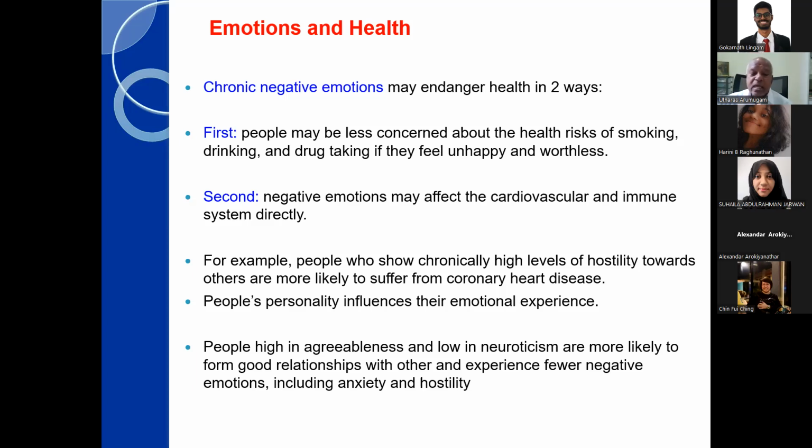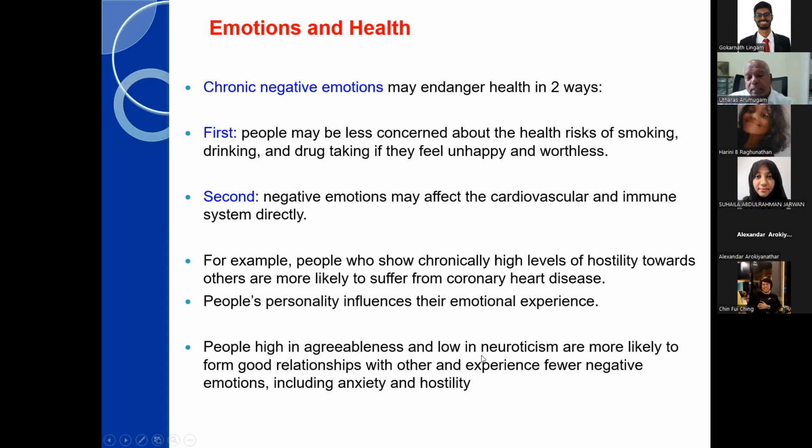What they're saying is people who are agreeable, that is people who are socially skilled, they get on with people, they're comfortable with other people, they can interact and relate well with others. They tend to be not so stressed, so they're likely to experience fewer negative emotions. Likewise, people who are low in neuroticism.